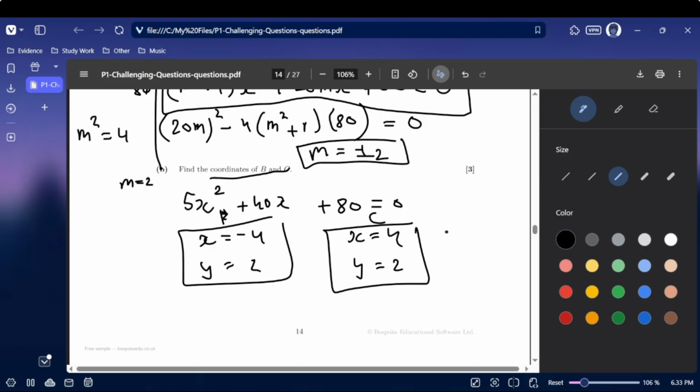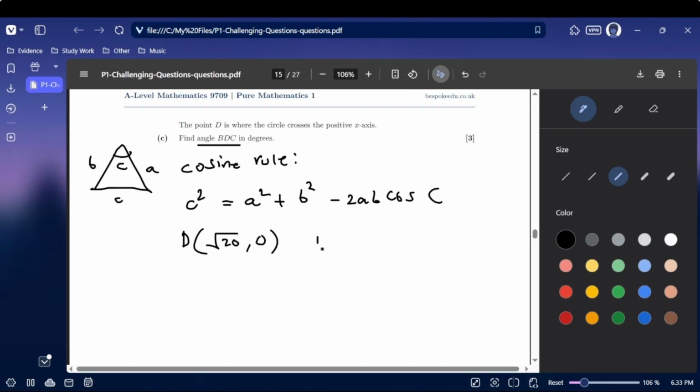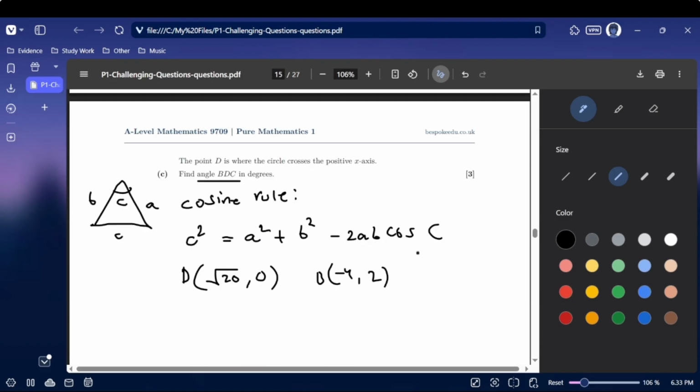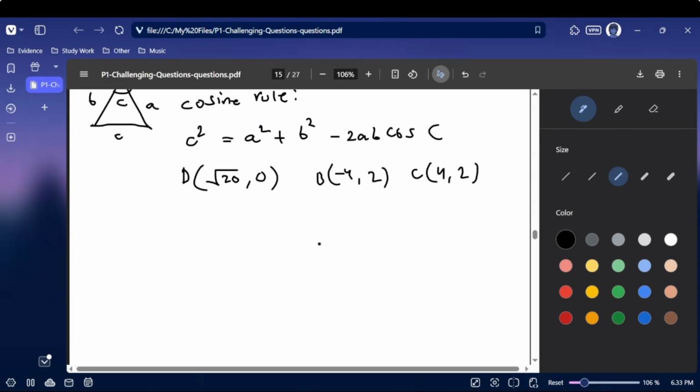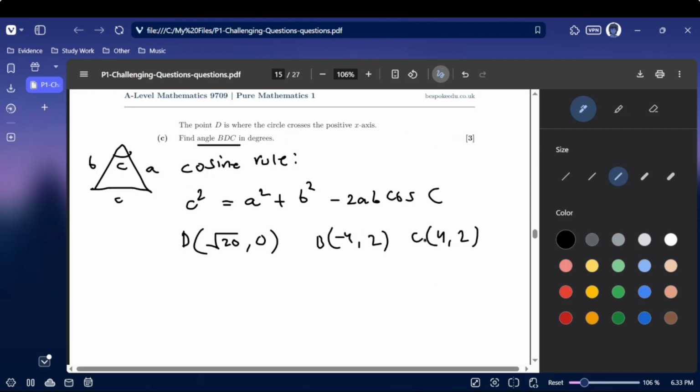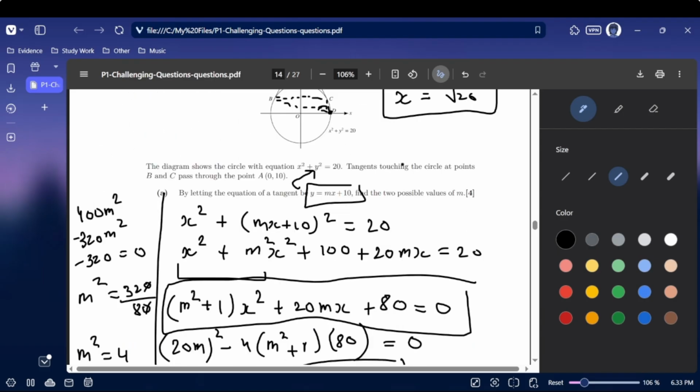Okay, so B is minus 4 comma 2, and then you have C, which is 4 comma 2. Now you just find out the three lengths. So DB, BC, and DC. I don't know why this is for 3 marks.